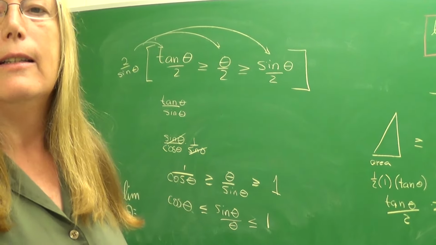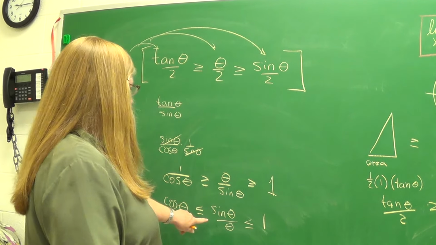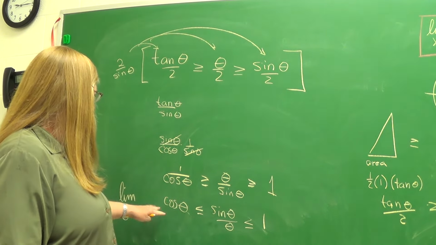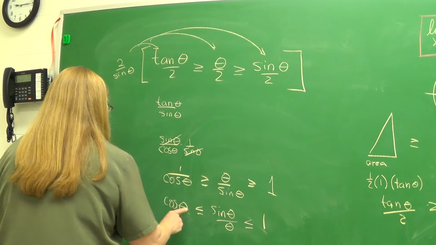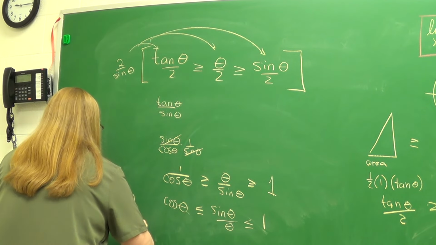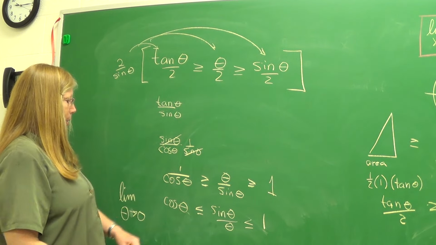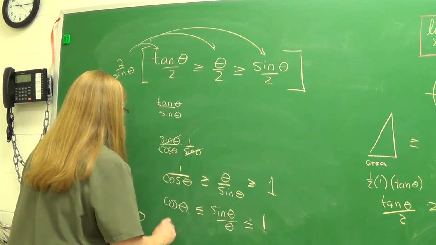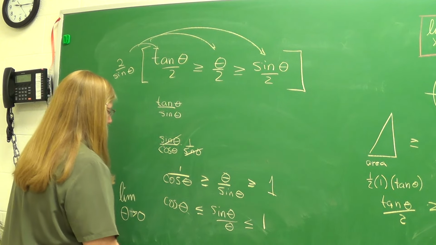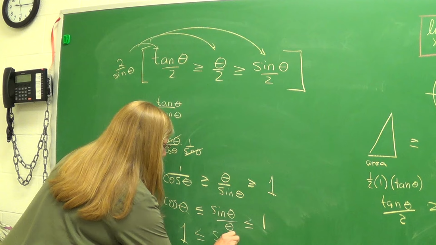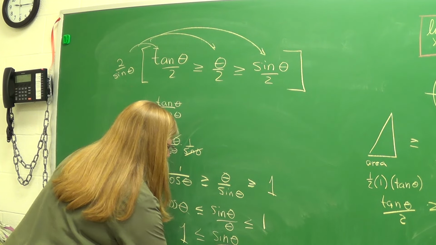So what is the limit of this expression as theta approaches 0? We substitute 0 in for cosine and get cosine of 0, which is 1, which is less than or equal to this one I'm interested in.